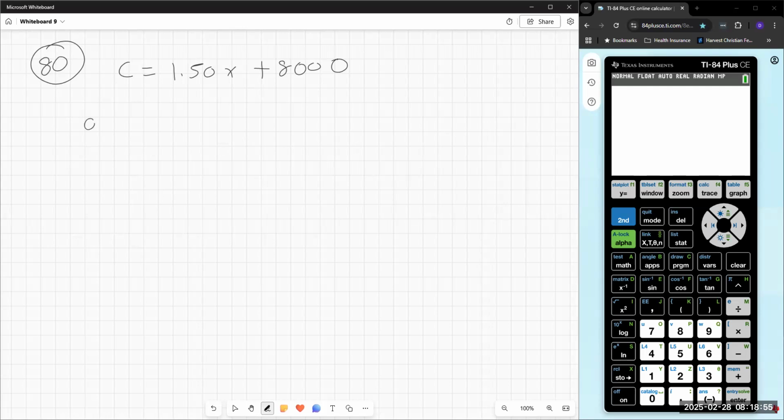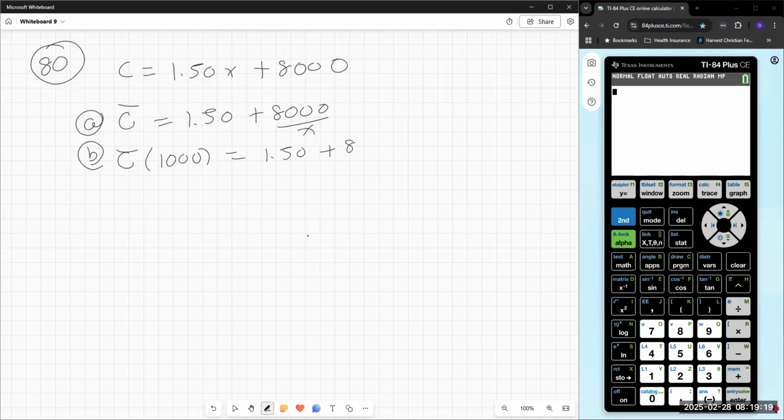So again, we want to find the average cost function, C bar, which is equal to 1.50 plus 8,000 over X. And for B, they want us to find C bar of 1,000, which is 1.50 plus 8,000 over 1,000, which is 9.50, and that's per unit of production.